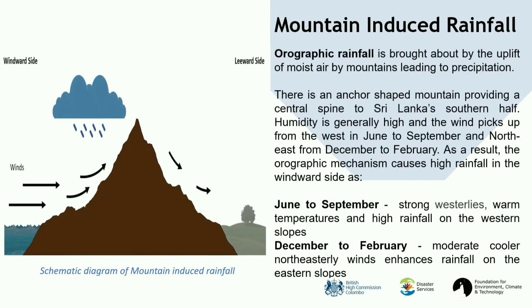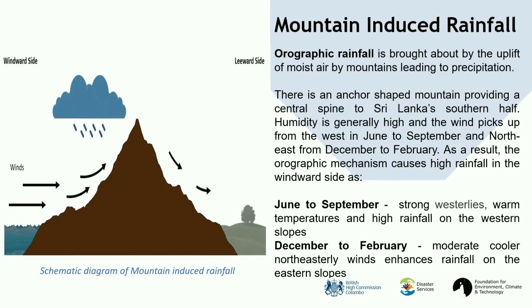The third significant mechanism that shapes the Sri Lankan climate is the impact of mountain-induced rainfall. While the Himalayas induce the monsoon, the mountains in Sri Lanka affect the spatial variability of rainfall and wind, and this mechanism is shown graphically in the schematic. There is an anchor-shaped mountain providing a central spine to Sri Lanka's southern half.